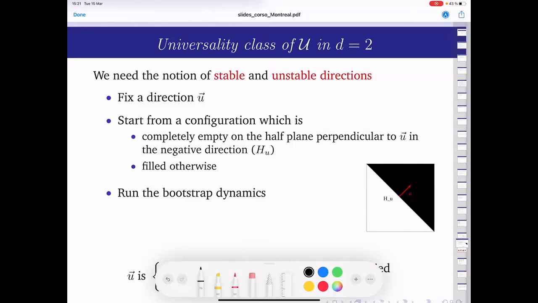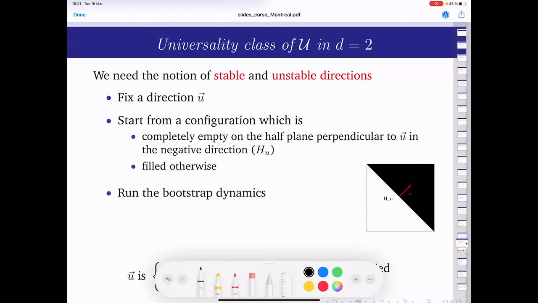Okay, so to do that, I have to introduce some geometric notions, which are quite easy, and the nice part is that they are common to bootstrap percolation.